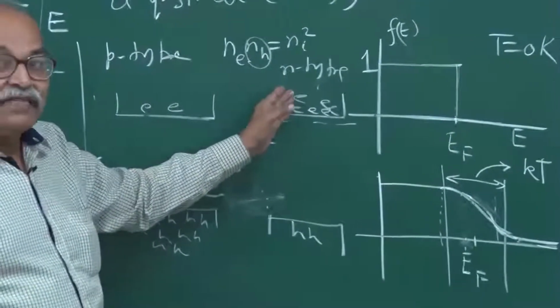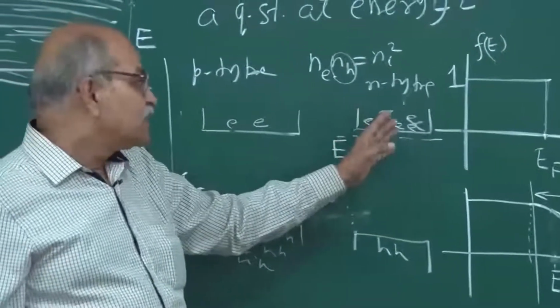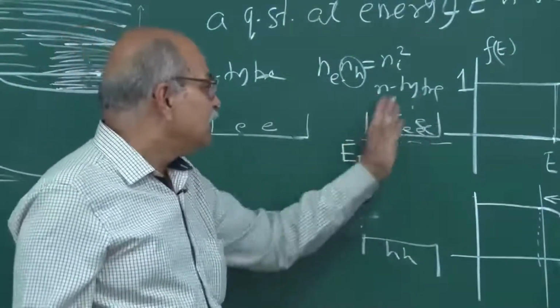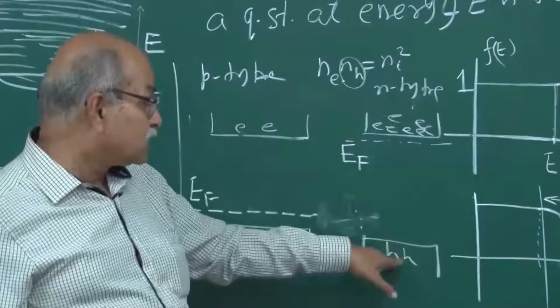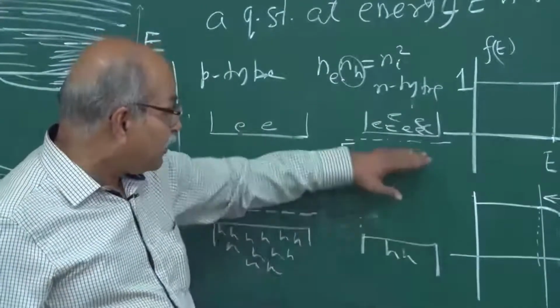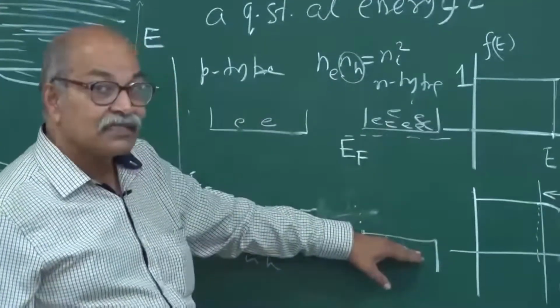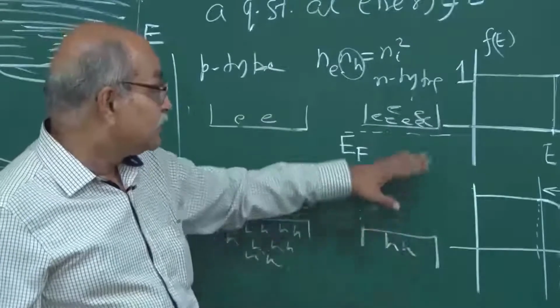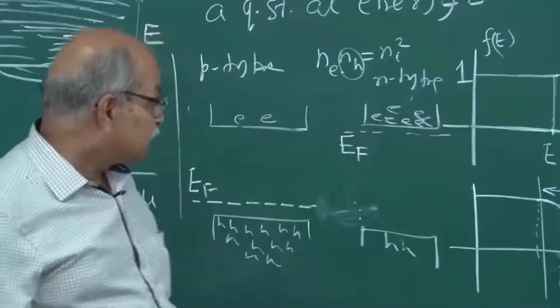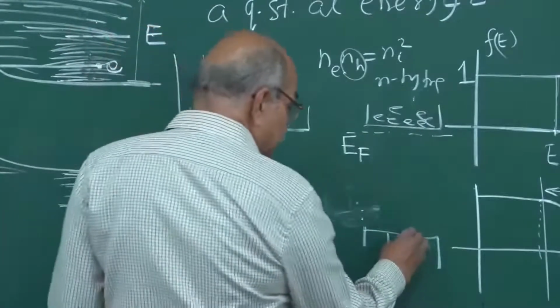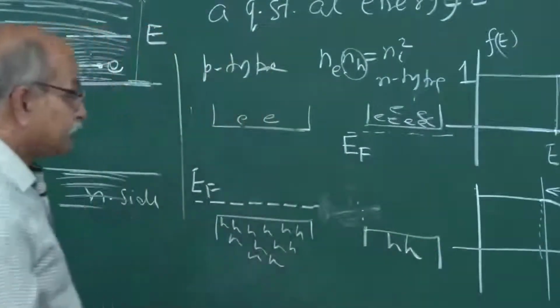The probability of occupation of these quantum states by electrons is quite sizable. So you have a lot of electrons here, whereas these quantum states for holes are far away, and therefore the probability is very small, and you have only a small number of holes here.